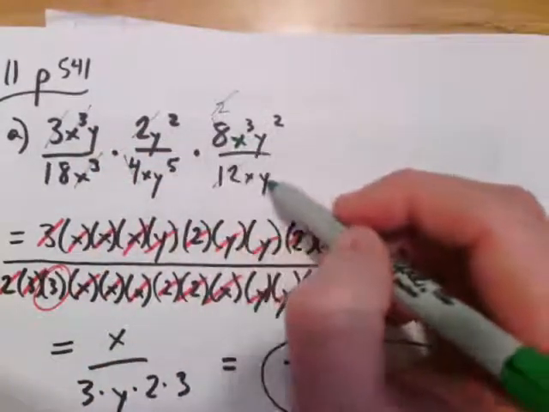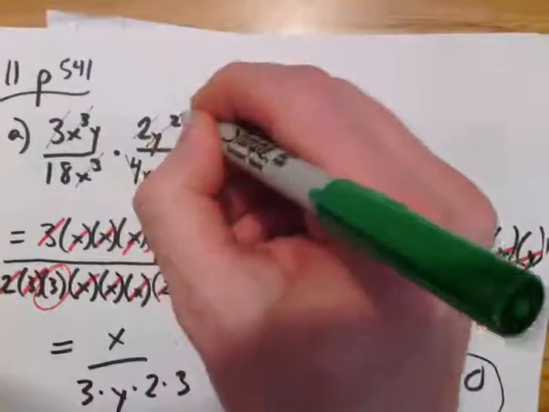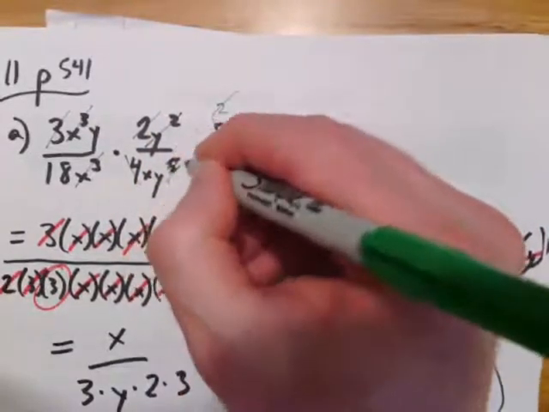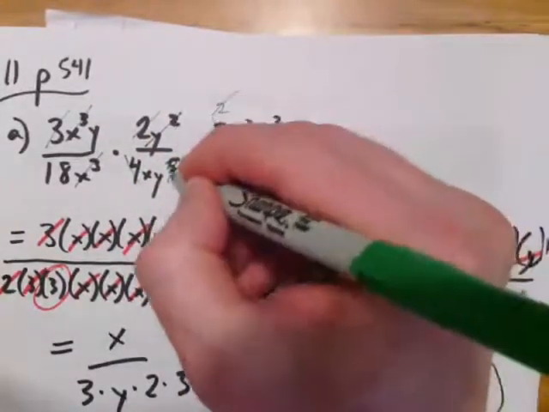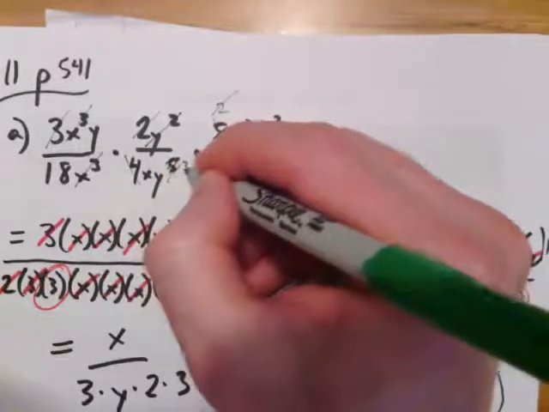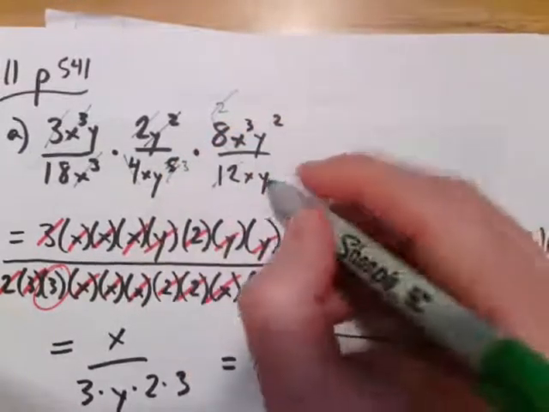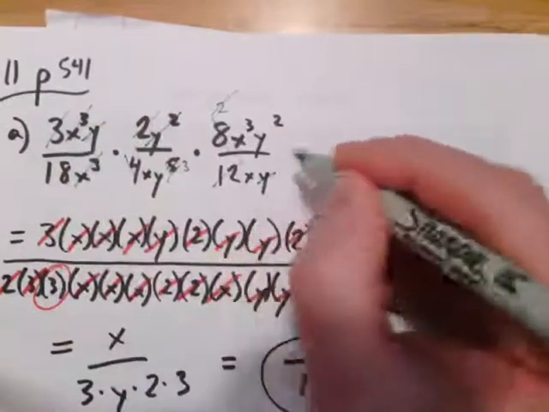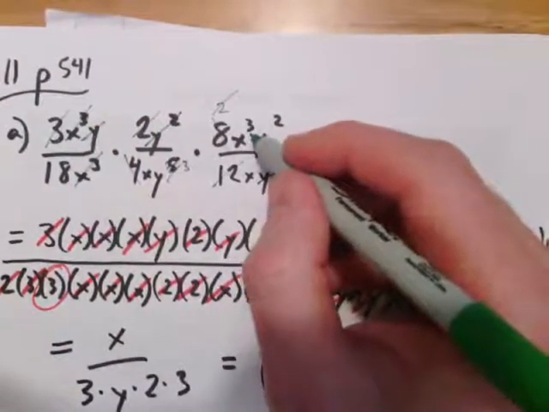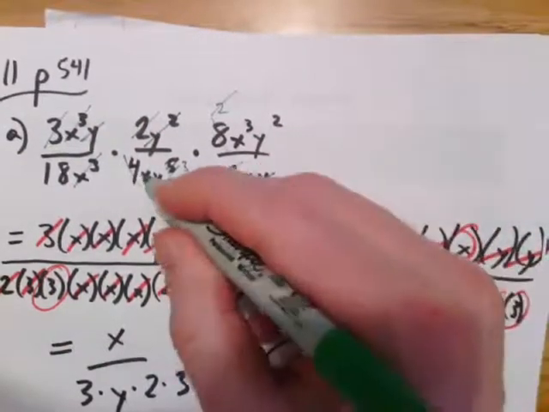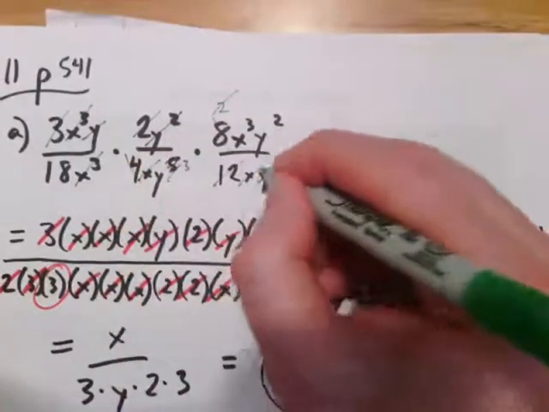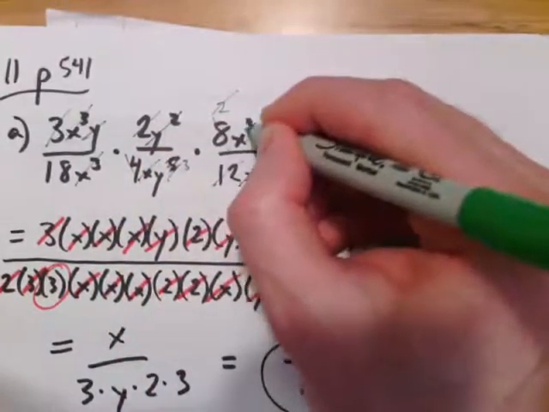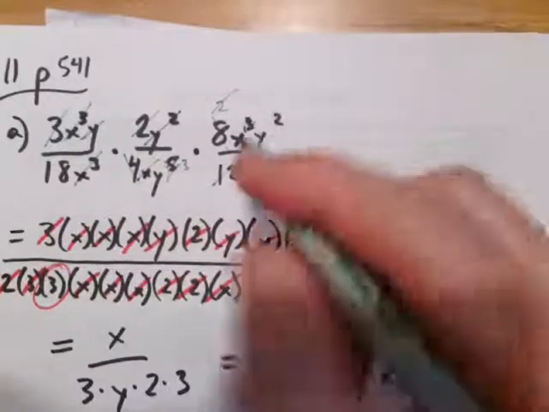Is there a y squared? Well, there's a y to the 5. So I cancel the squared, cancel this 5, and replace it with a 3, because 2 of the y's cancel top and bottom. This y cubed is left. There's one y and one y here. X cubed, and there's 2 x's. Get out those 2 x's, get rid of the 3, now it's just a 1. X is left.